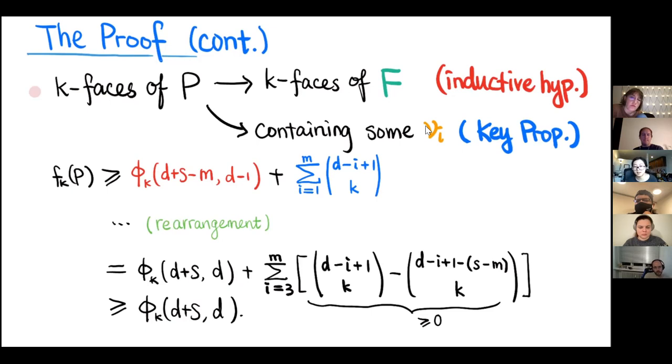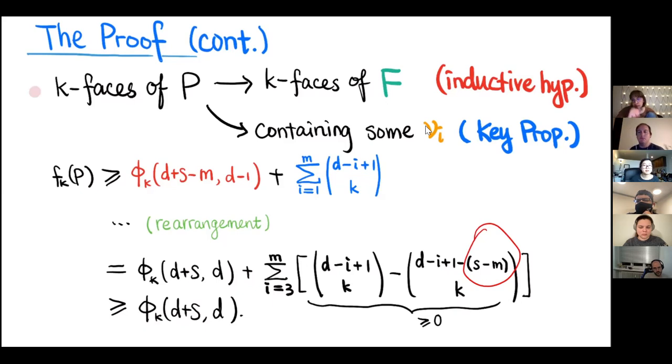Really, I'm not hiding anything mysterious from you. But at the end, you will get what we want, which is phi_k(d plus s, d) plus something which hopefully is non-negative. And it is, because notice that here, m is the number of vertices outside of the facet, and the facet has at least d vertices. So m is at most s.